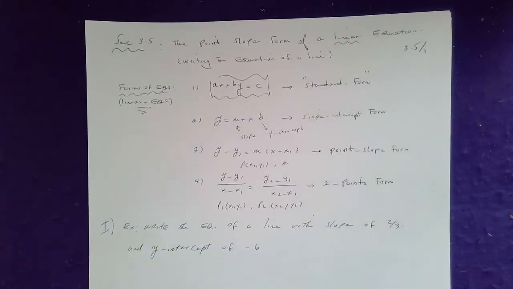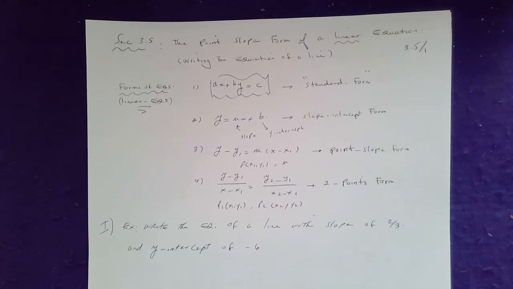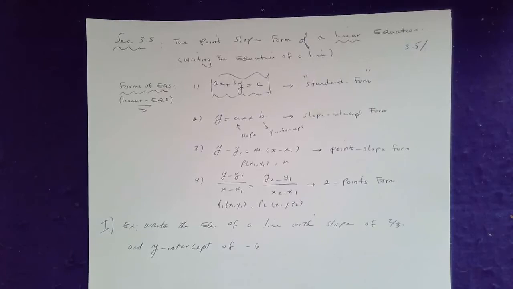So in this section, contrary to the previous section, where we were given the equation of a line and we were supposed to graph the line, here we'll be told something about the line, and we'll be asked to write the equation of the line. So we're going backwards. Given some information about the line, how would you write the equation?